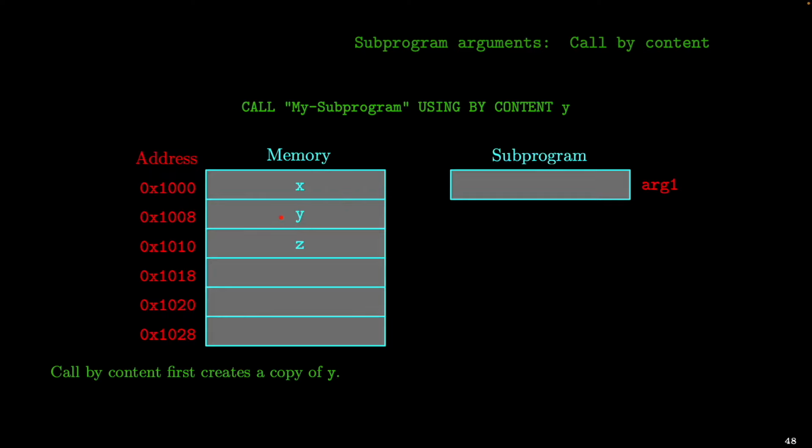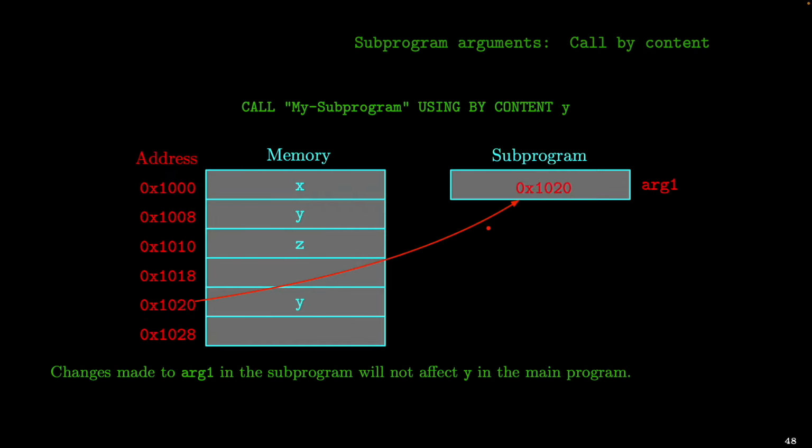We first create a copy of y somewhere else in memory, and then this copy is passed by reference to the subprogram. So we will actually take the address of that copy and pass that to the subprogram. That way we only have to pass the address, not maybe the whole value, not all the data contained in y, which could be much greater in size than just a simple address.